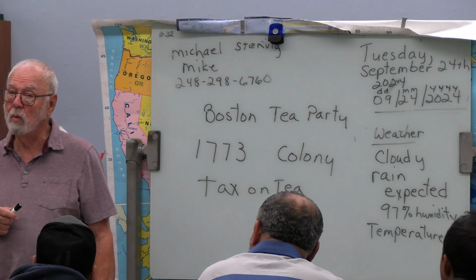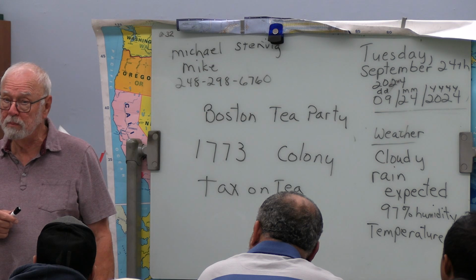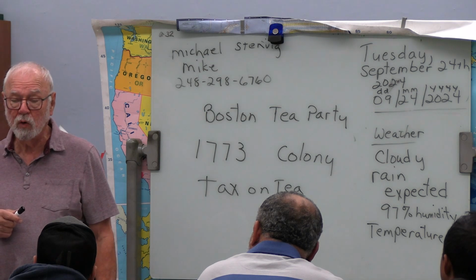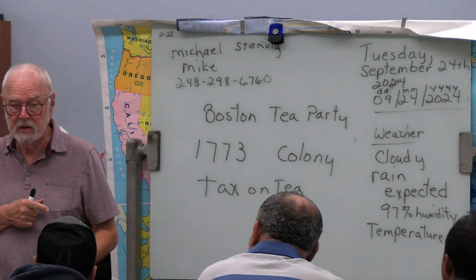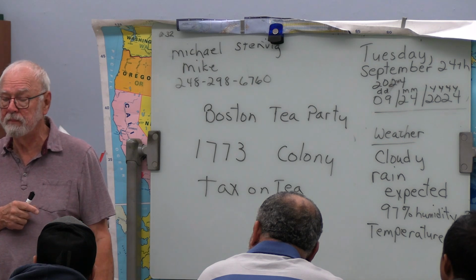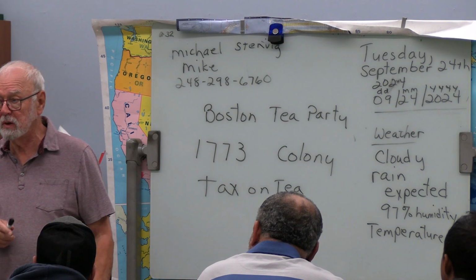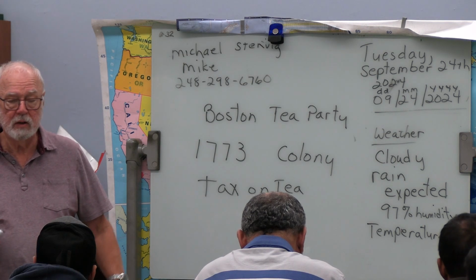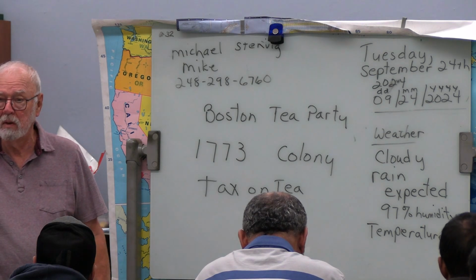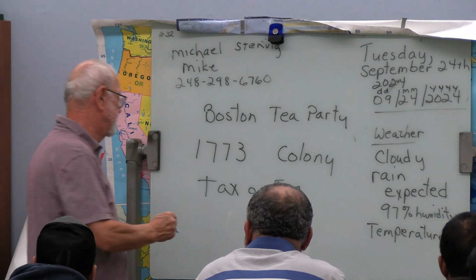And so when did the American Revolution, the actual fighting, declare war? What year? It's a very special number in your paper. 16th of December.